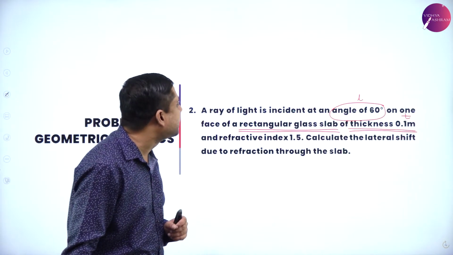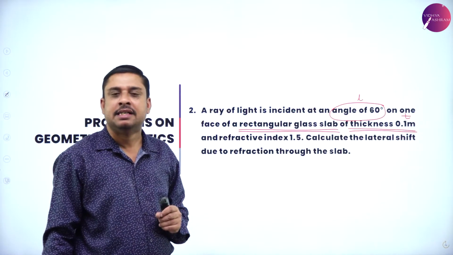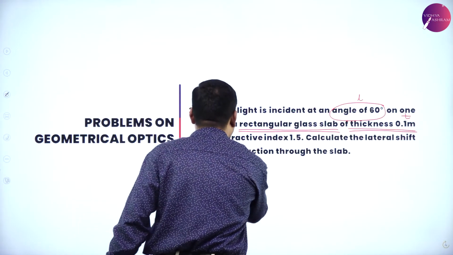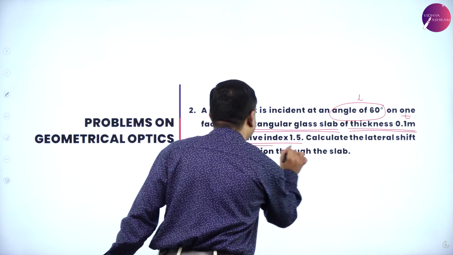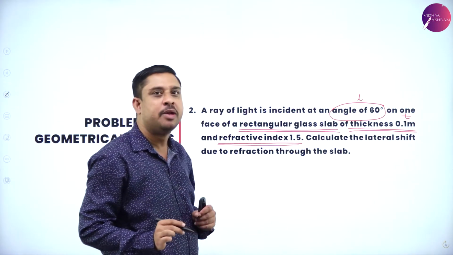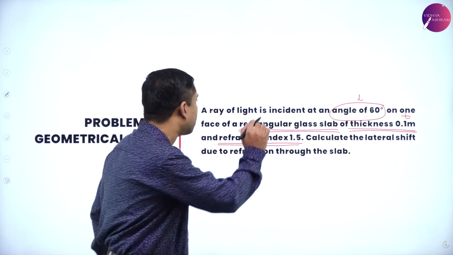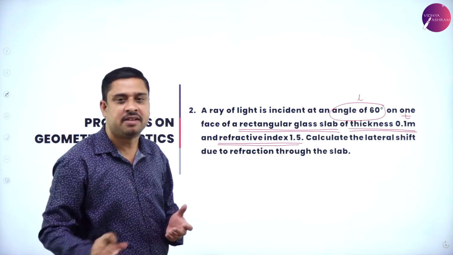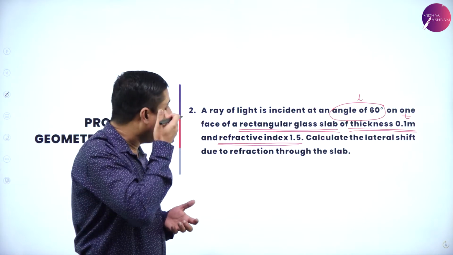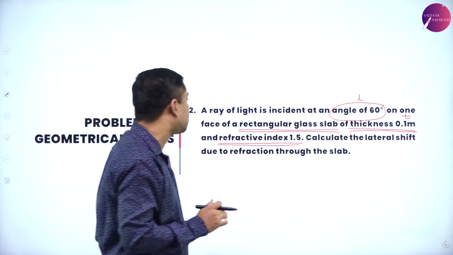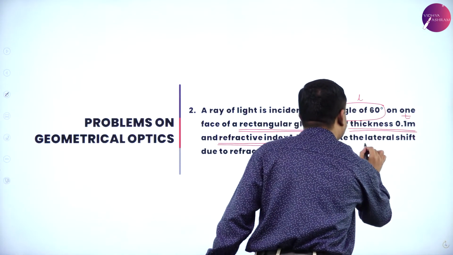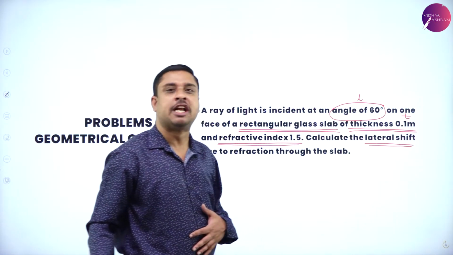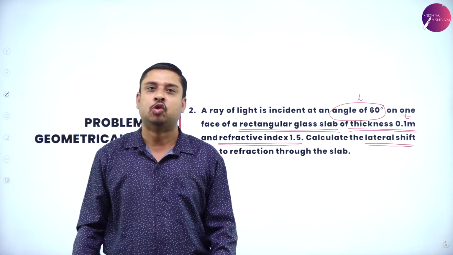Thickness of the glass slab is given, 0.1 meter, and refractive index 1.5. So refractive index of glass is given. I have been asked to calculate lateral shift due to refraction through the slab.